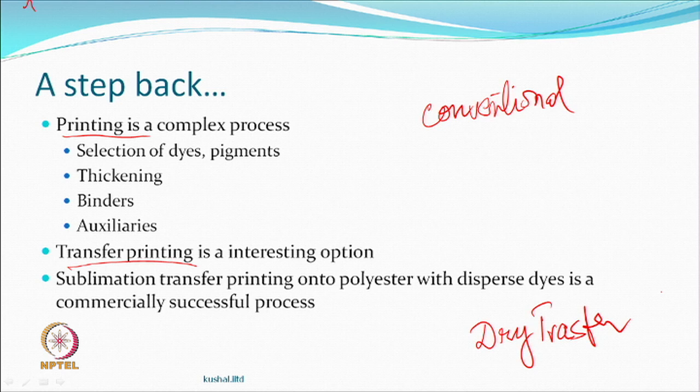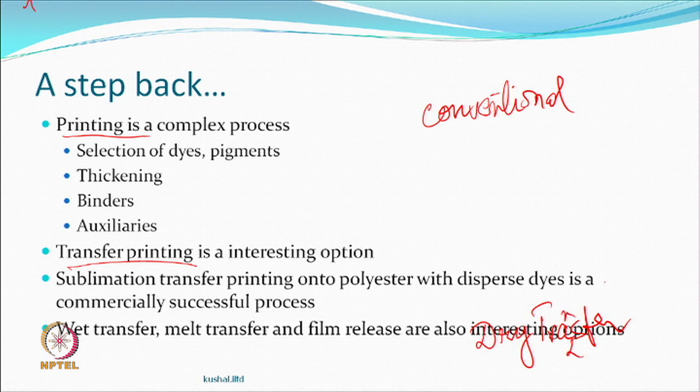Similarly, acrylic can also be printed by cationic dyes, and therefore, it appeared as if polyester and disperse dyes and sublimation transfer printing were made for each other, well suited. Other methods are also available, as we learned: wet transfer, melt transfer, and film release transfer techniques are also available for doing this transfer printing.